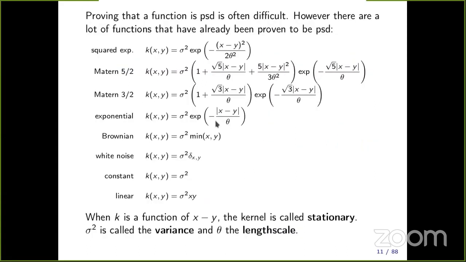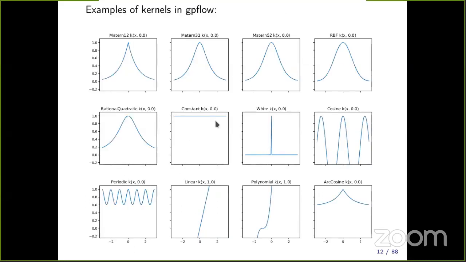Okay, so those are a list of covariances. If we look at the way these functions look, so here's an example. Many of them look like a bit of a hat function that takes the maximum value when the two variables are equal, and then decays when you go far away.